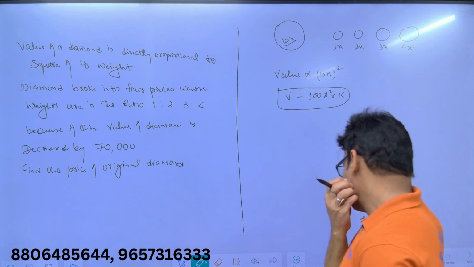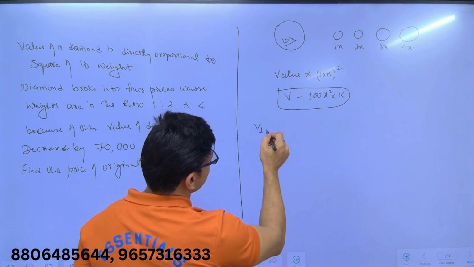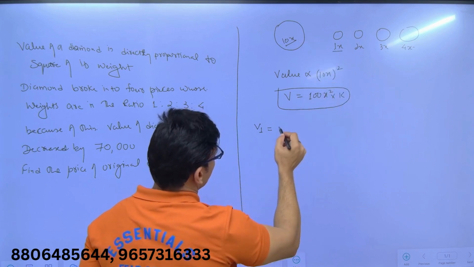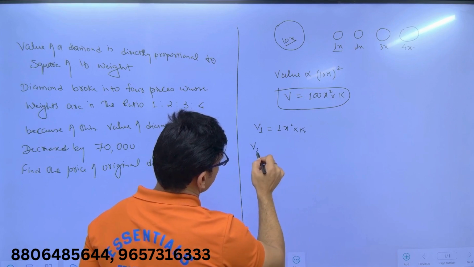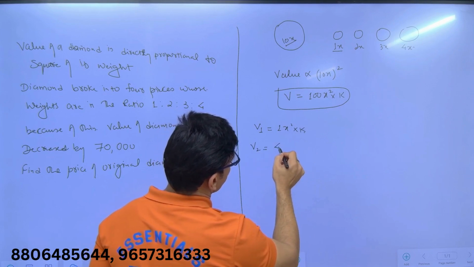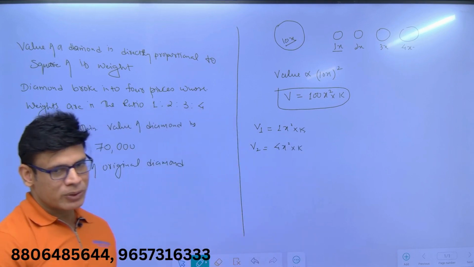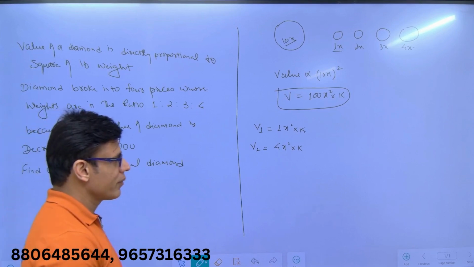Now what is the value of the first piece? Can we say V1 is equal to इसका square into k or not? 1x square into k, yes? Value of second piece is what? 4x square into k. Value is directly proportional to square of its weight. तो 2x का square करेंगे ना, 4x square, और k constant है.